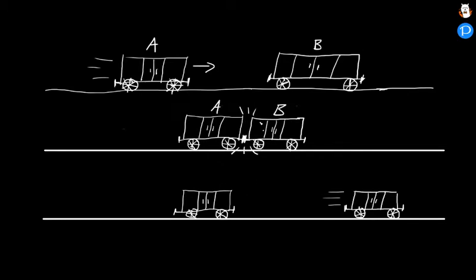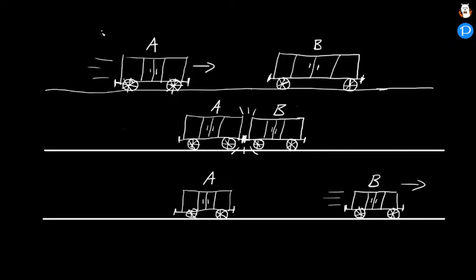They hit, and after they collide, now car A has no velocity or no momentum. It's not moving. And car B is the one that has all the velocity and is moving this way. And we saw last week that in a situation like this, the momentum is conserved within a system.